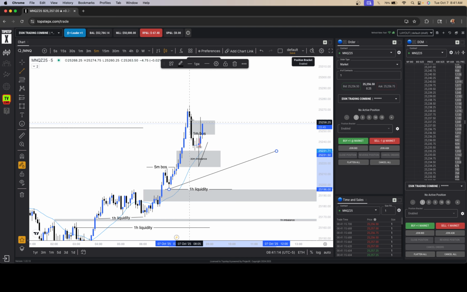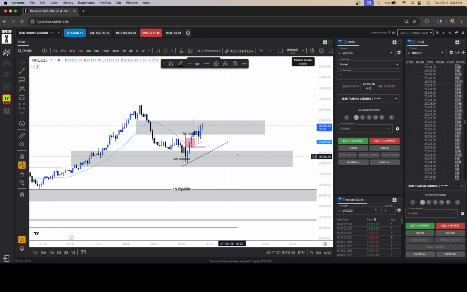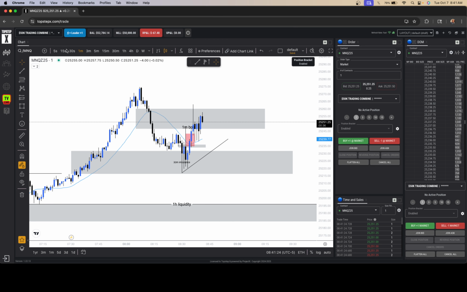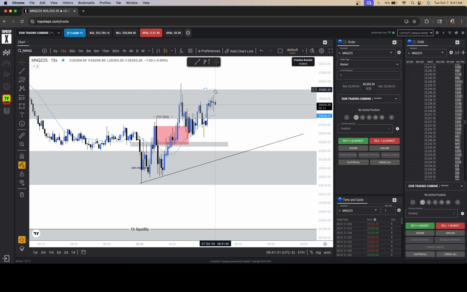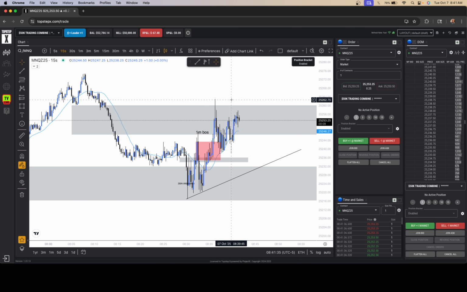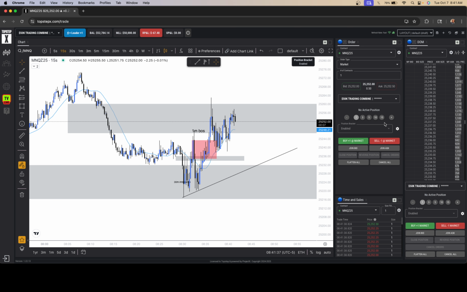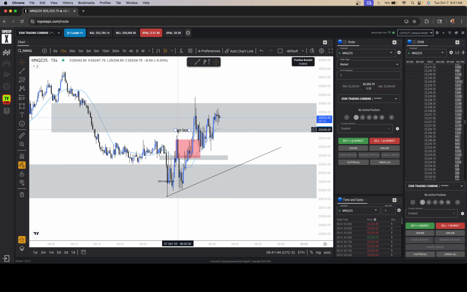We have a push from here. I'm gonna break a structure. Let's go down to the lower time frame and see what we got going. I still think we may potentially go back to the downside. Just trying to wait for it though is the hard part.